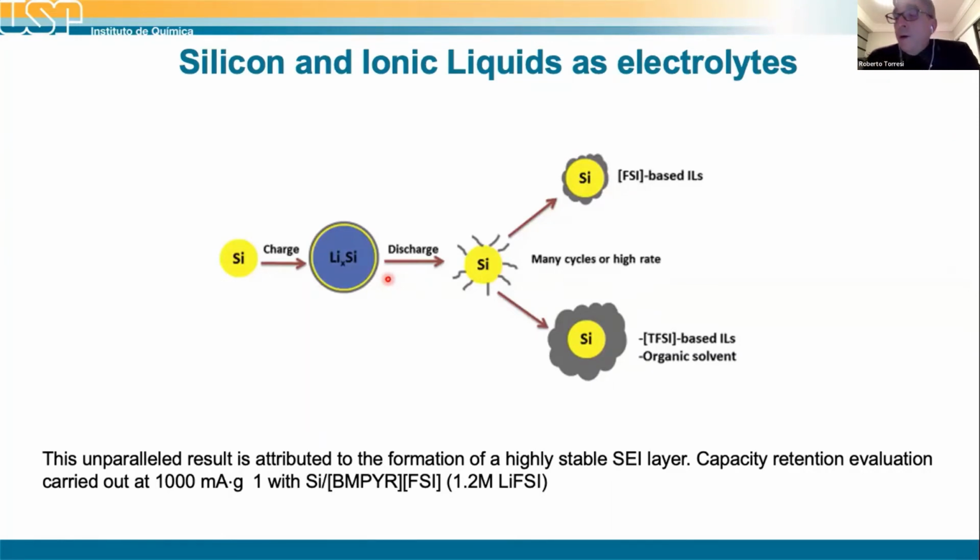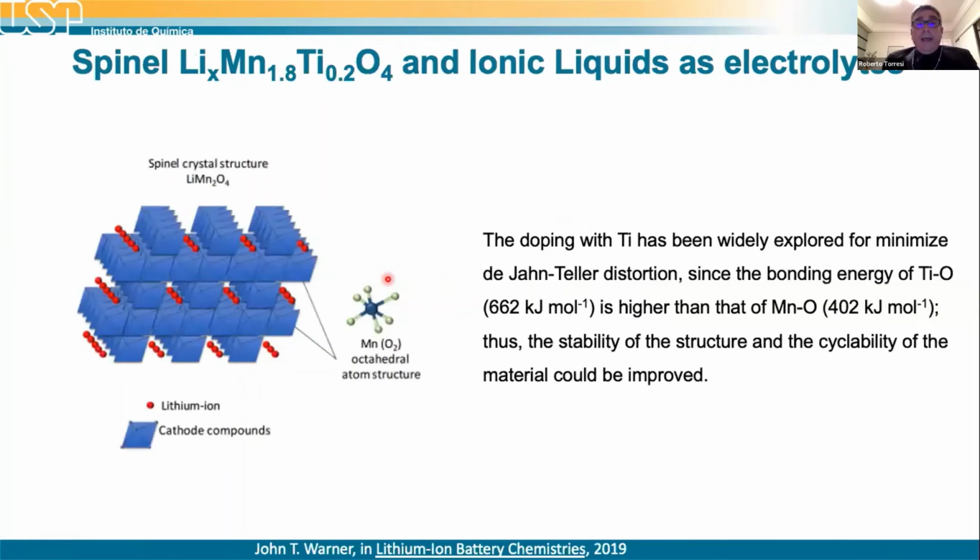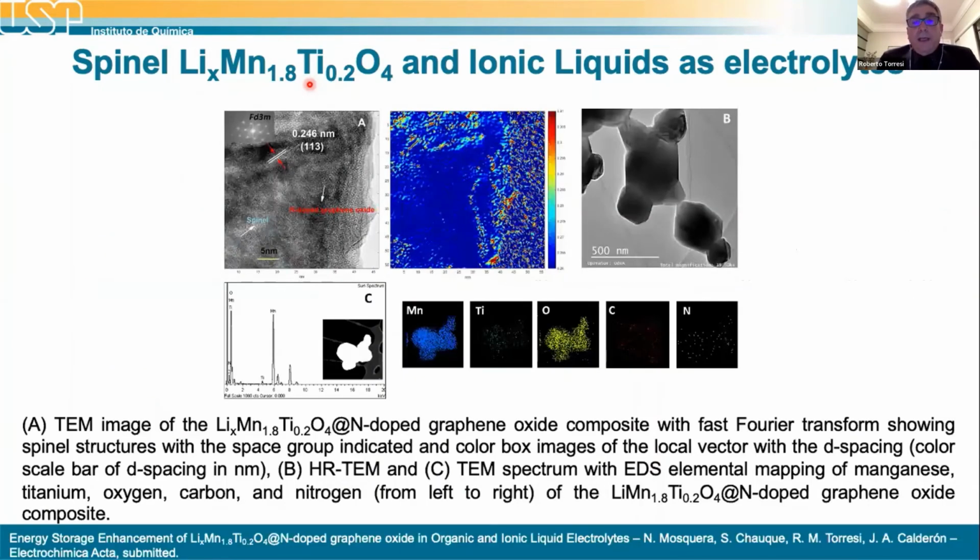So going now to the spinel electrode, we use this spinel and we dope it with titanium. The idea of doping is very well known: it is to avoid, or to diminish, the Jahn-Teller distortion, and you can have a better charge curve with time.